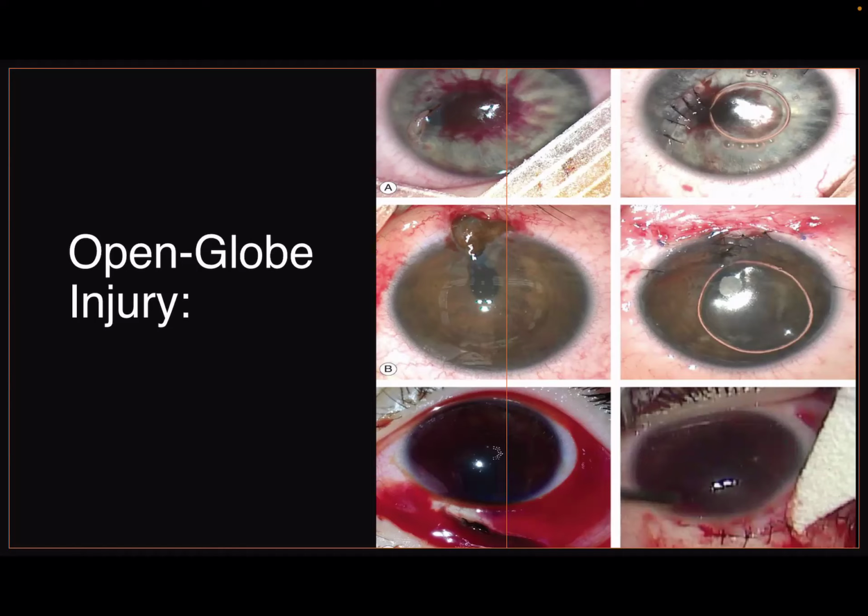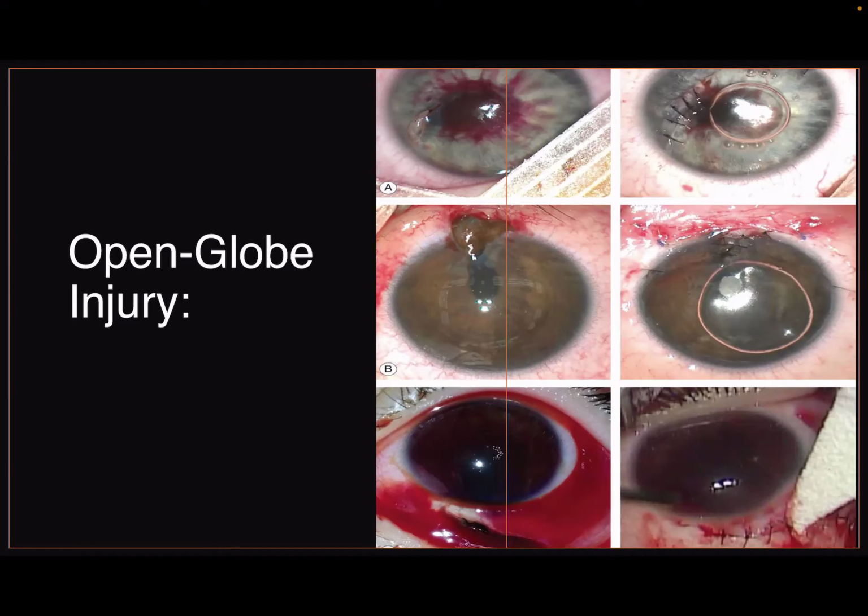In the third picture, C, the patient has a zone 3 injury, which extends more than 5 millimeters from the limbus, which was sutured well. If the injury itself goes from zone 2 to zone 3, you can continue the same procedure.